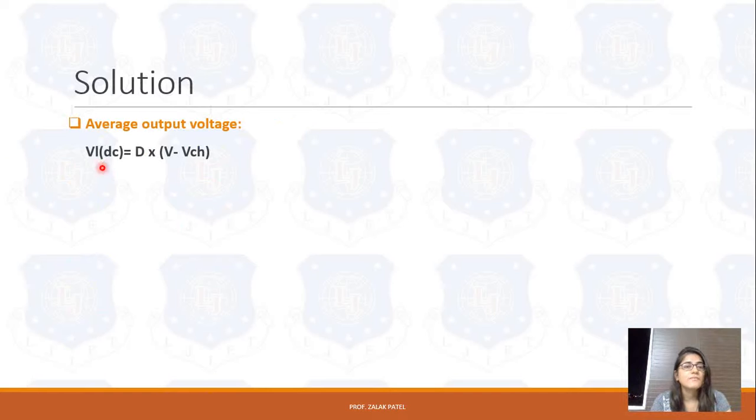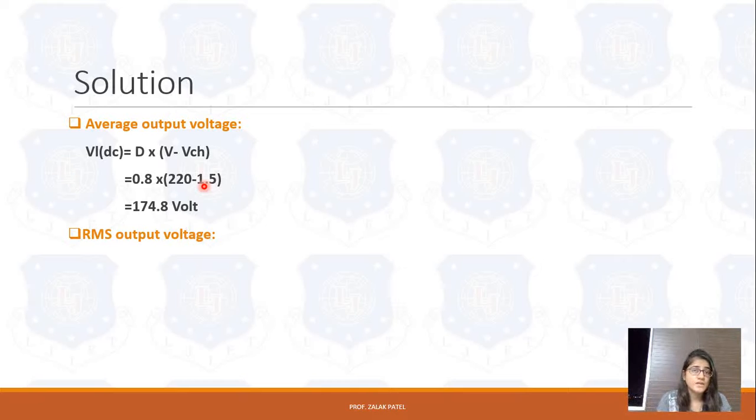So let's calculate the average output voltage. It is given by D into V, but the output voltage is V minus VCH. We already have the duty cycle, 80%. So 0.8 into 220 volt minus the drop, 1.5. So it is 174.8 for the average output voltage. Now for the RMS output voltage, it is root D times voltage, but the output voltage is the original voltage minus the chopper drop, V minus VCH.